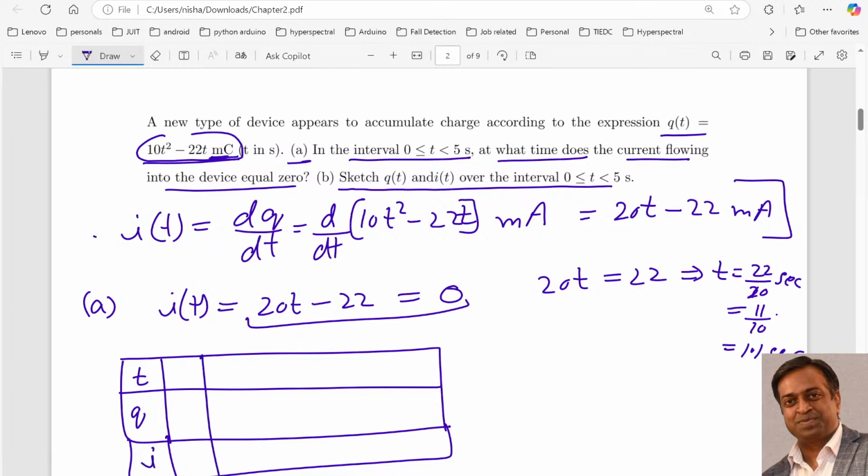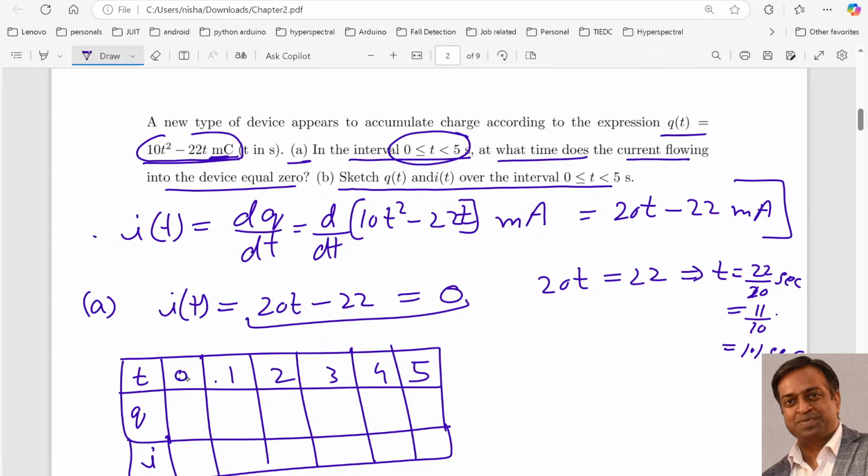Since I need to plot from 0 to 5, I can take values 0, 1, 2, 3, 4 and 5. We could also take values at intervals of 0.5, but just to solve it in an easier way, I am taking only these values.